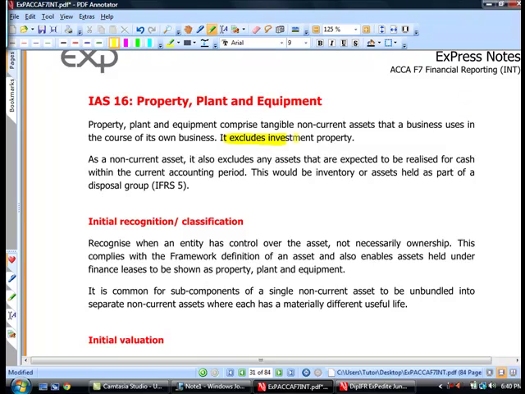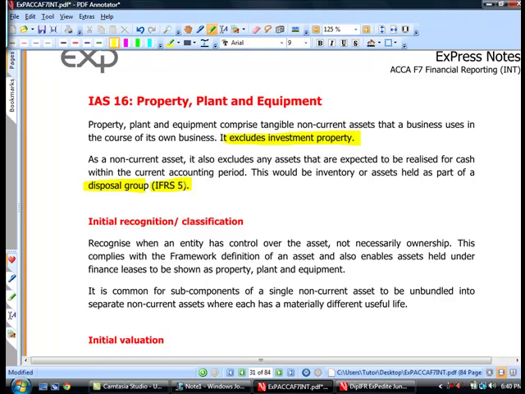It actually excludes investment property, which is specifically covered by IAS 40. It also excludes the disposal groups, if you remember the last video, covered by IFRS 5, non-current assets held for sale and discontinued operation.